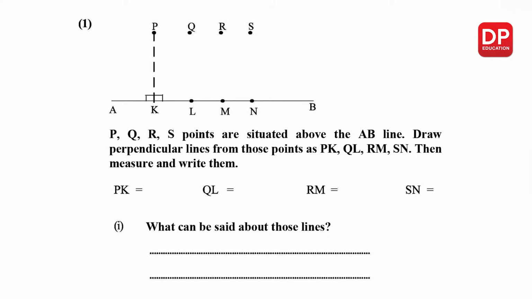Look at this question. P, Q, R, S points are situated above the AB line. Draw perpendicular lines from those points as PK, QL, RM, SN. Then measure and write them.